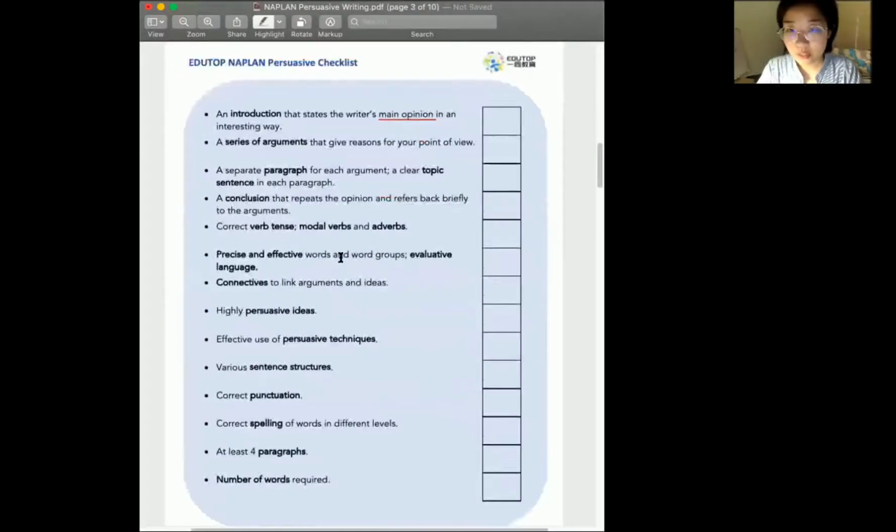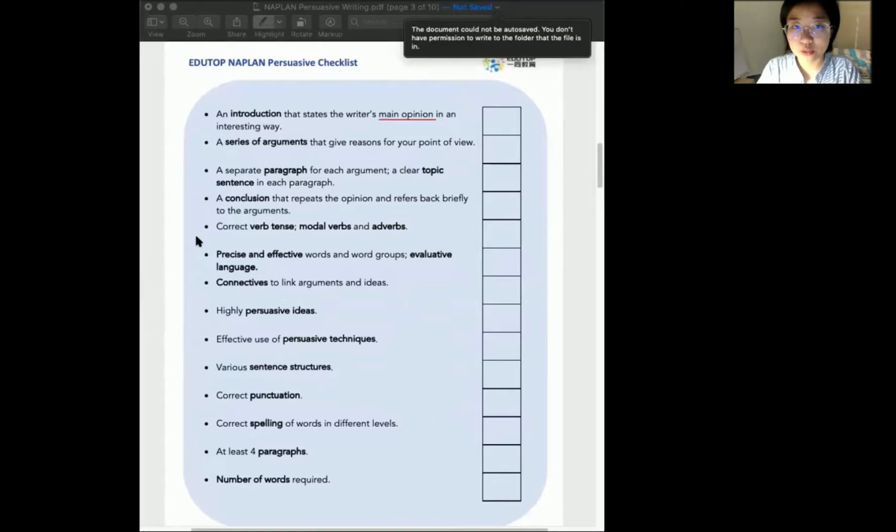So next one will be evaluative language. What do you know about evaluative language? What kind of language is that? Oh, sorry for the noise. So think about that. That's often seen in persuasive writing, not so much in narrative writing. So what do I mean by evaluative language?